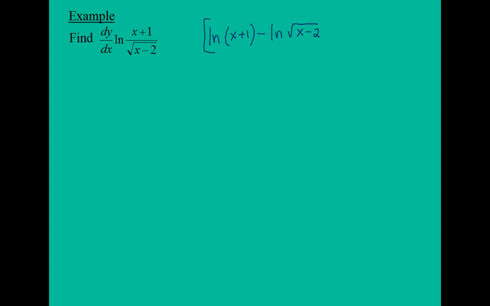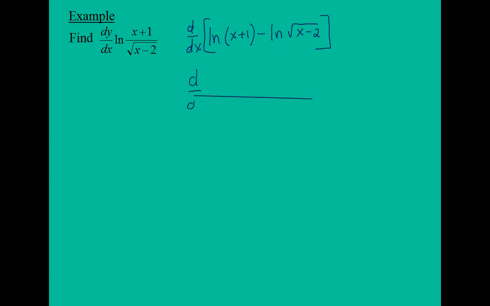So now we're going to try to find the derivative of this function. And we could still rewrite ln of the square root of (x minus 2) as ln of (x minus 2) to the 1/2 and bring the 1/2 down in front of the natural log.